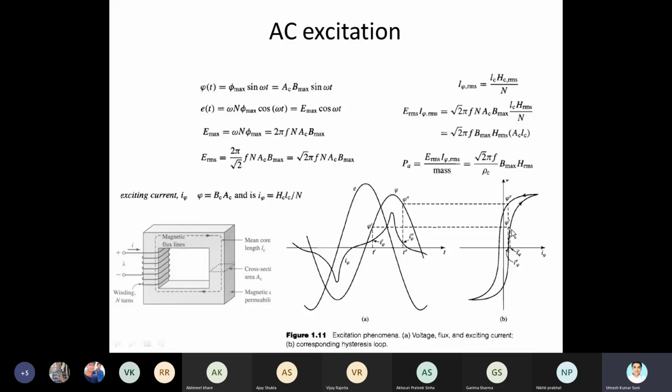Okay, now you are increasing and up to the peak value phi, you have come to this point. Now you are decreasing the current again. When you decrease the current, after some time, suppose this is the value of the flux during the decreasing, so this point in the hysteresis loop can be given by this.